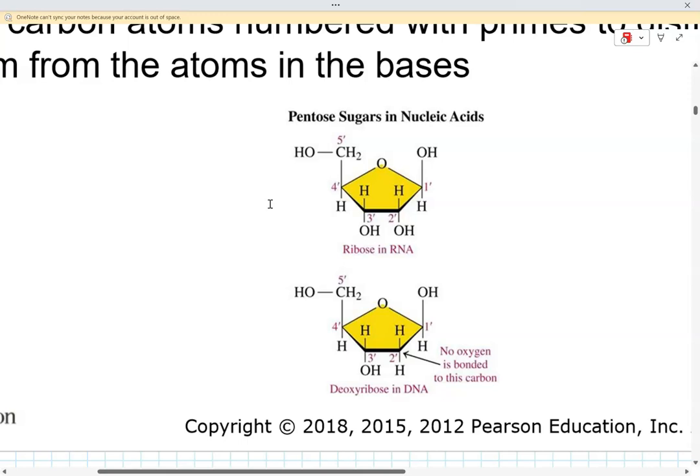First of all, I want to clarify something. It's sort of my small pet peeve. When I was studying this, in the second year of college, it baffled me. Why are these carbons numbered 1 prime, 2 prime, 3 prime, 4 prime, and 5 prime?